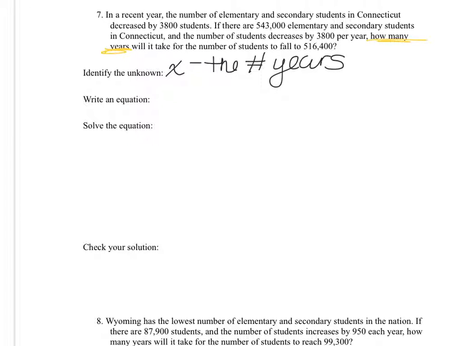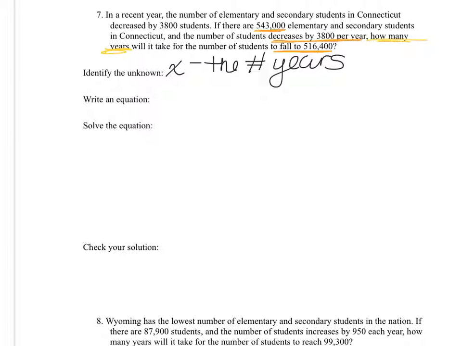So our equation is going to be: if there are 543,000 elementary students in Connecticut, and the number decreases by that much per year, how long will it take for them to fall to this amount? That's our equation.